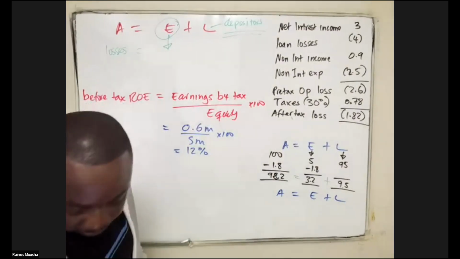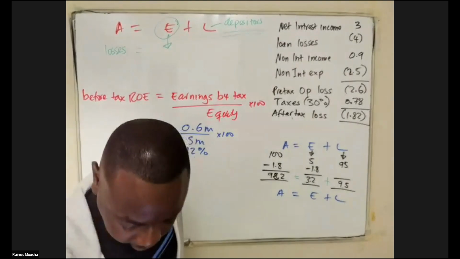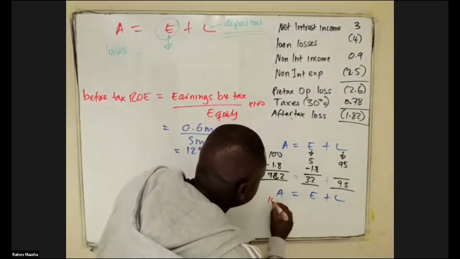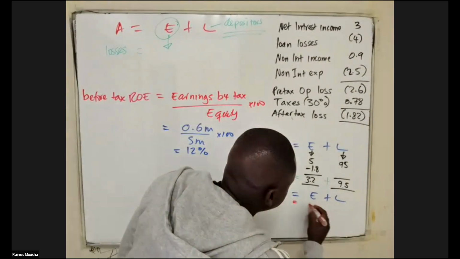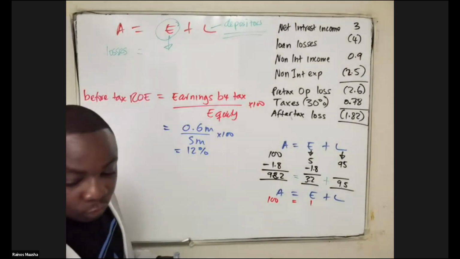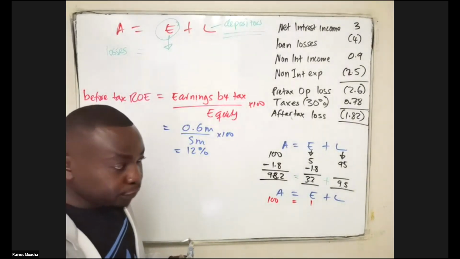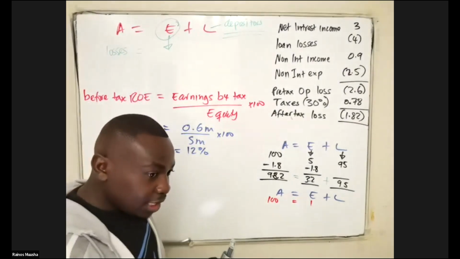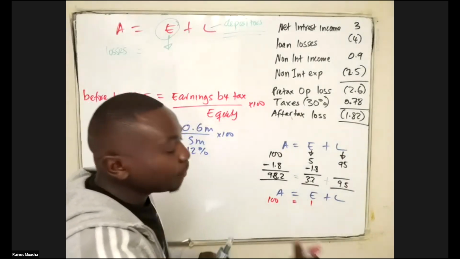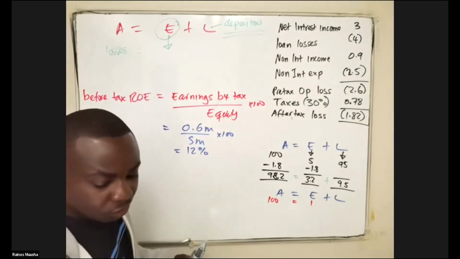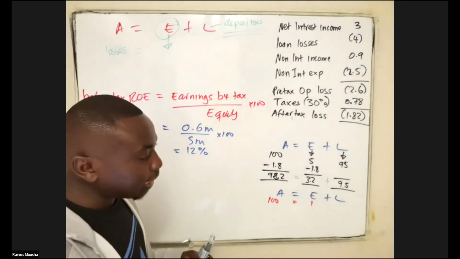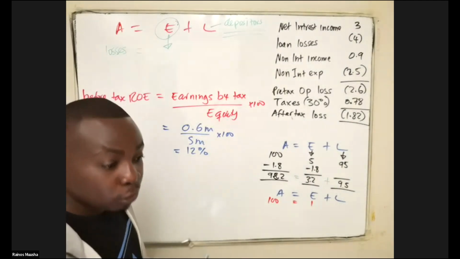Initially, we have assets worth 100 million. Remember in the second scenario, we saw that if we have less equity and more deposits, we're able to increase our return on equity. But now we're trying to find out exactly what happens in the case where we suffer losses as well.